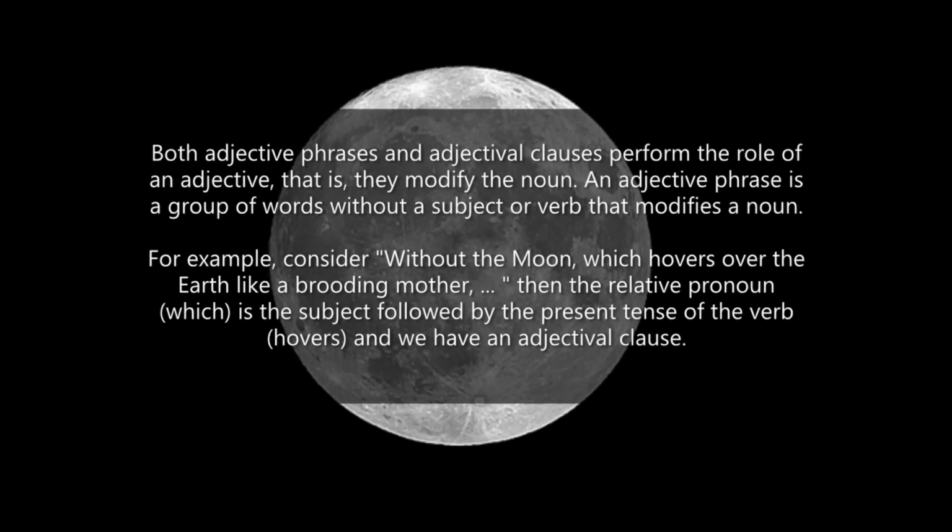For example, consider the moon, which hovers over the earth like a brooding mother. Then the relative pronoun which is the subject followed by the present tense of the verb hovers, and we have an adjectival clause.